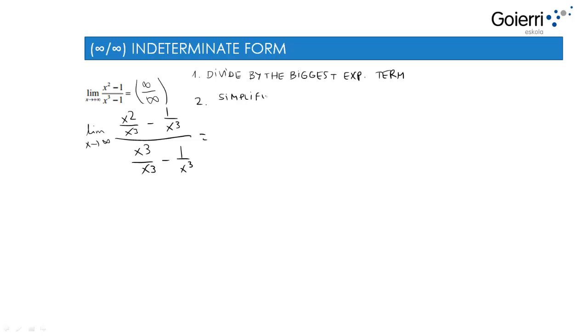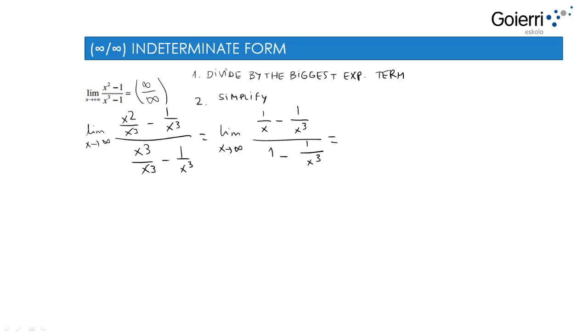simplify. So the limit as x approaches infinity, x squared over x to the third is 1 over x, minus 1 over x to the third, divided by x to the third over x to the third, this is 1 minus 1 over x to the third.